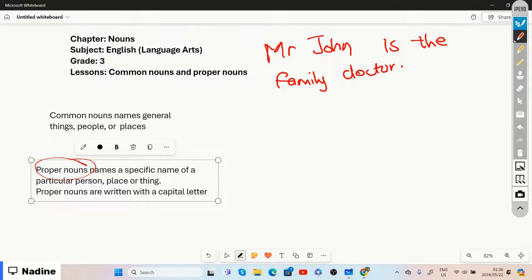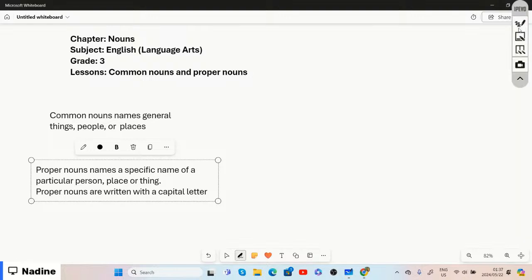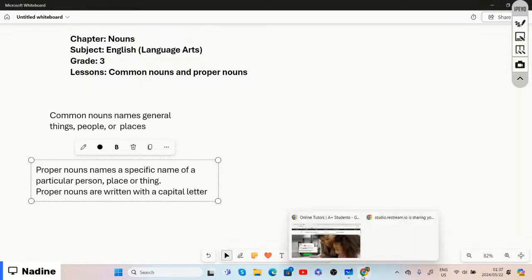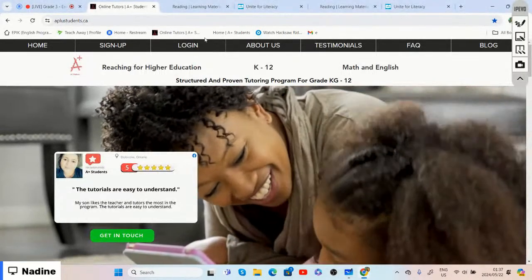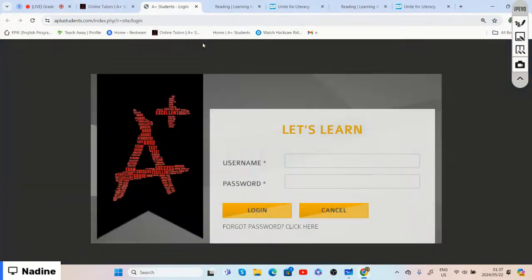So that is why we are not going to aplusstudents.ca. We are not doing our lesson on aplusstudents.ca, and we won't be able to do our test on there because unfortunately we won't be able to log in, right? Because they are busy fixing the system. Let's see if we can log in already.